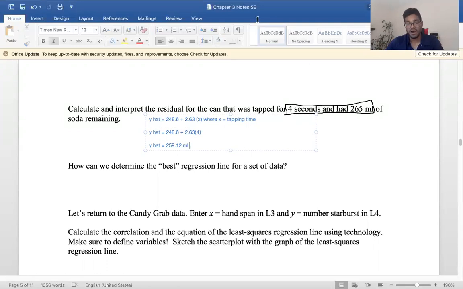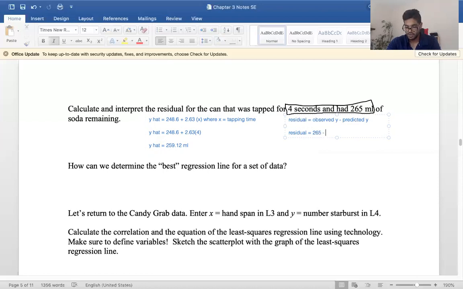All right. So now to calculate the residual, you take the observed y minus the predicted y. In this case, our observed y was 265. That's what we actually got when we did the experiment.